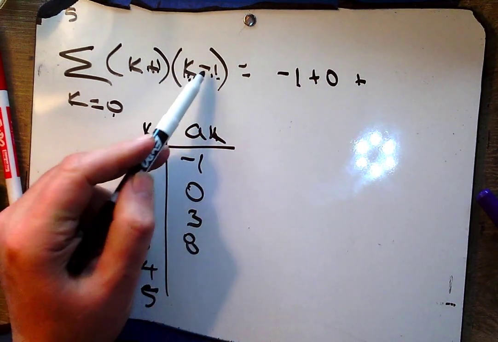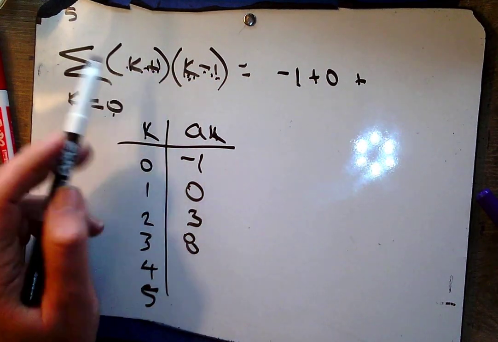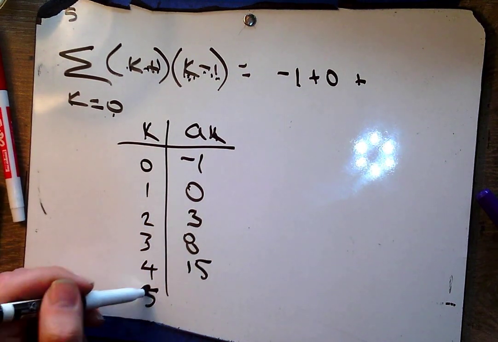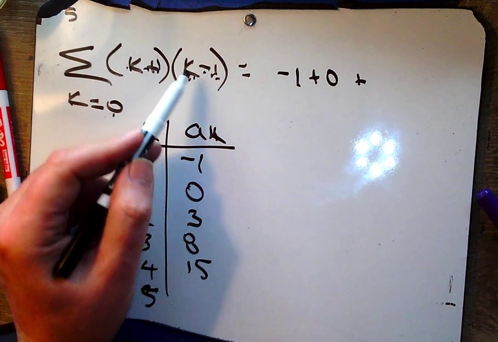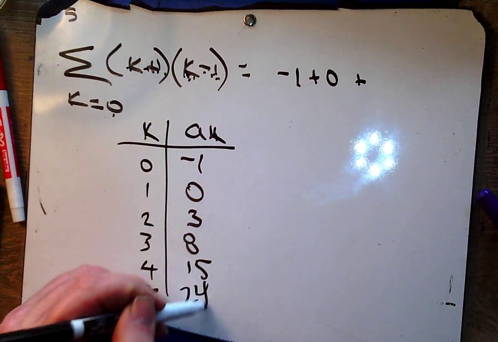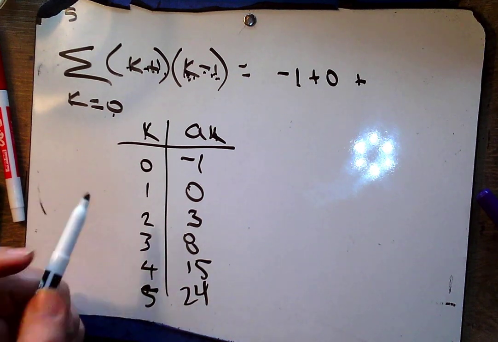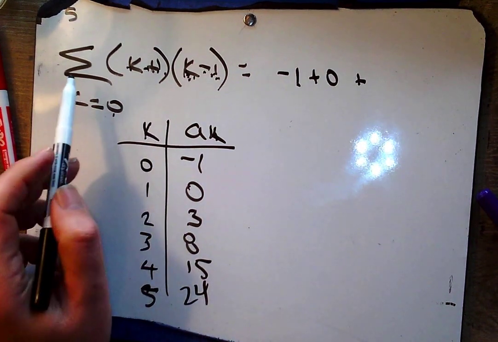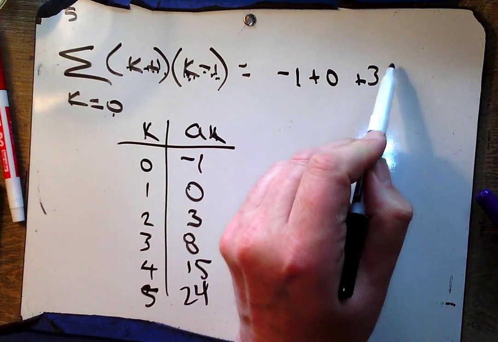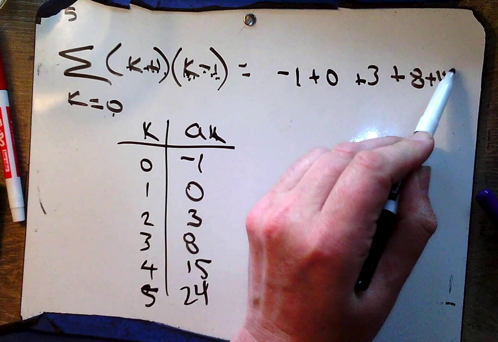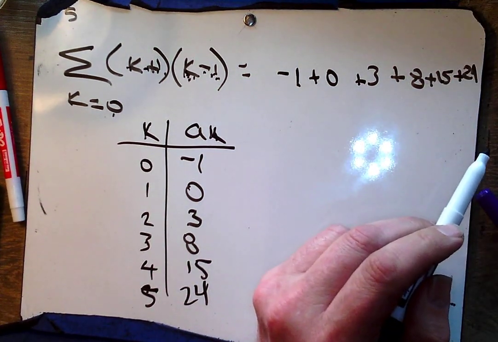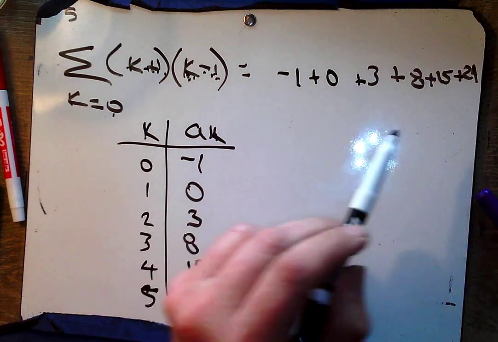I plug in a 4. 4 minus 1 is 3, 4 plus 1 is 5, 3 times 5, 15. And if I plug in a 5, 5 minus 1 is 4, 5 plus 1 is 6, 4 times 6 is 24. So this sum is the sum of these values. So 3 plus 8 plus 15 plus 24. Okay, so what do we get?